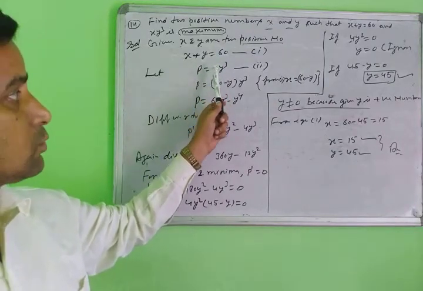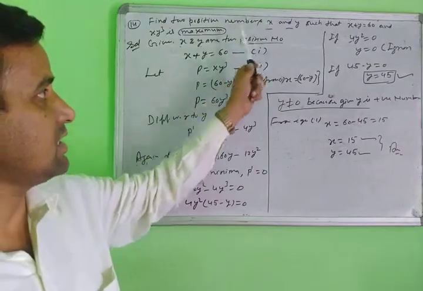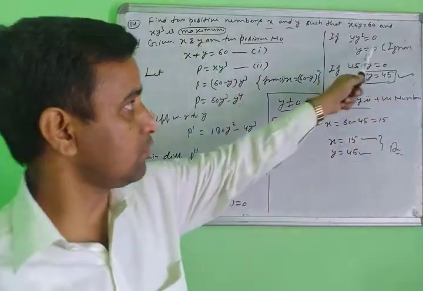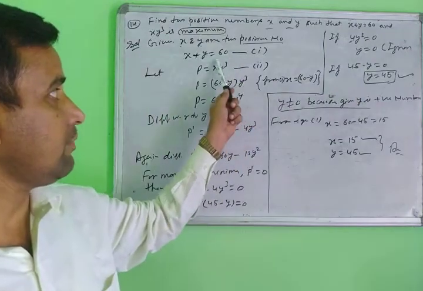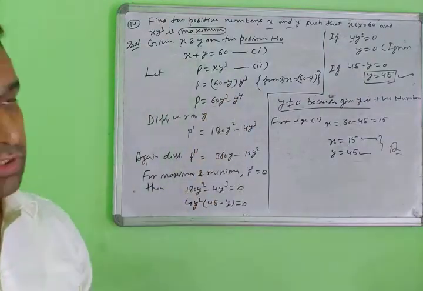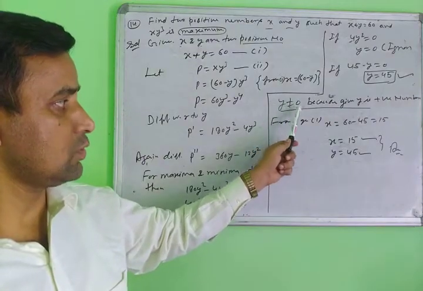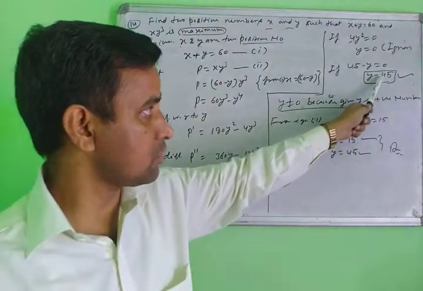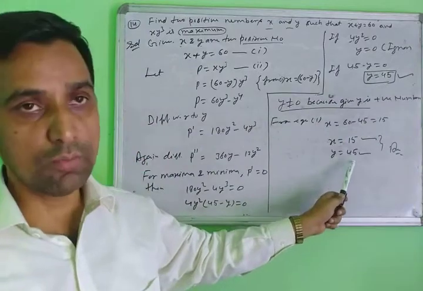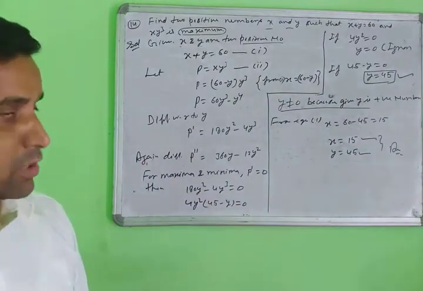So we will not take y equal to 0, only y equal to 45. Then find the value of x. Let's note down the next question.